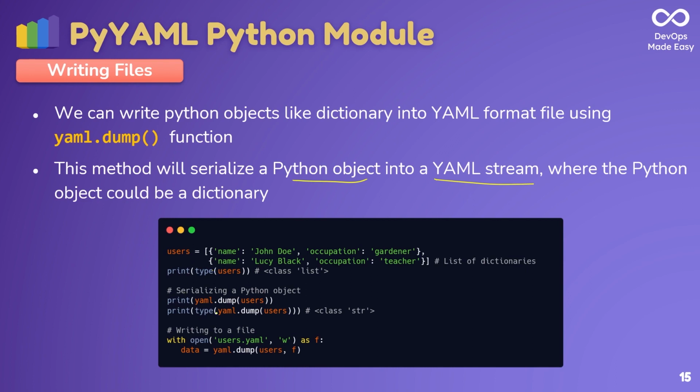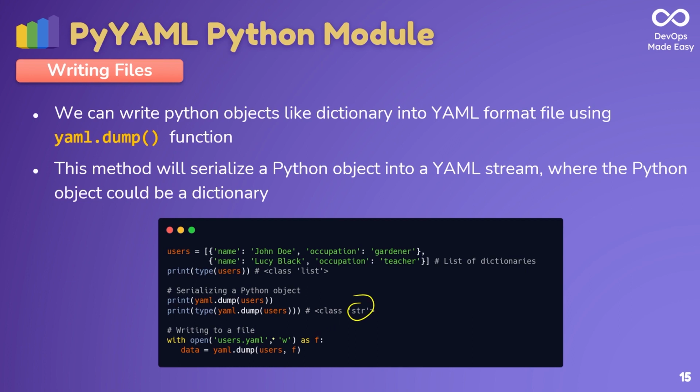So what I'm doing here is, again I'll use dump as the function to convert an object into a YAML object. Here users is nothing but a simple Python dictionary. I'm taking this dictionary and using the dump function to convert that Python dictionary object into a YAML stream. The data type of that YAML is of type string.